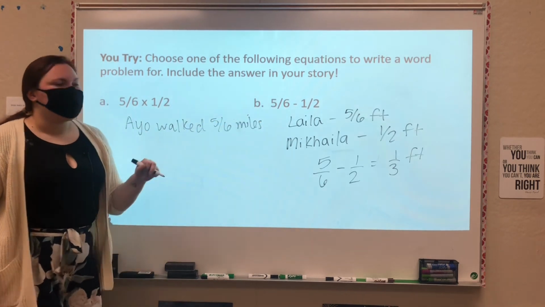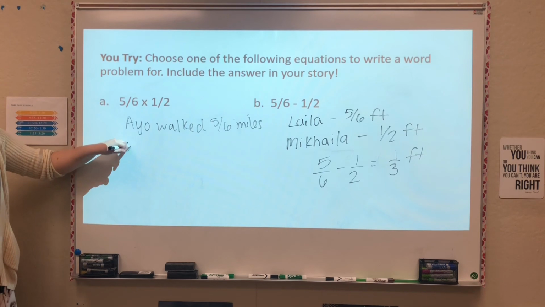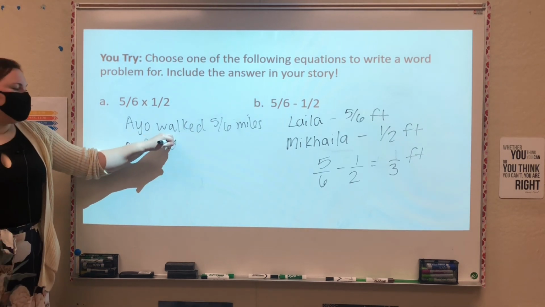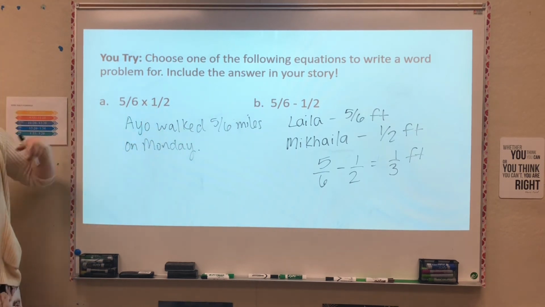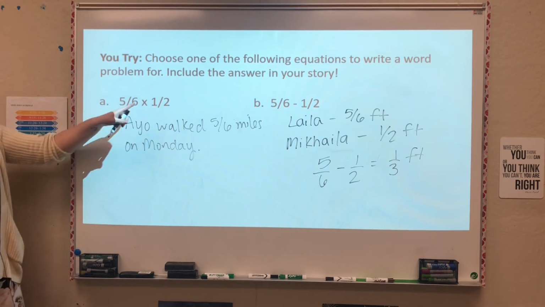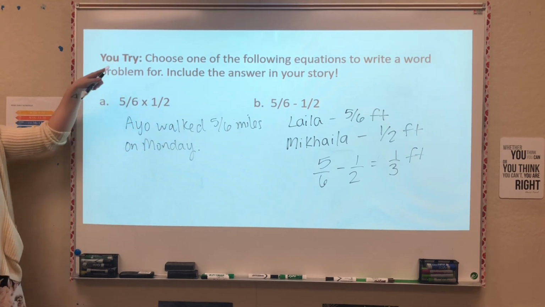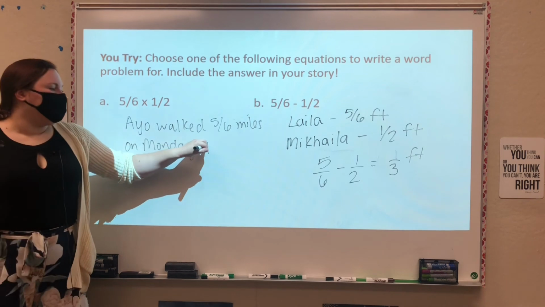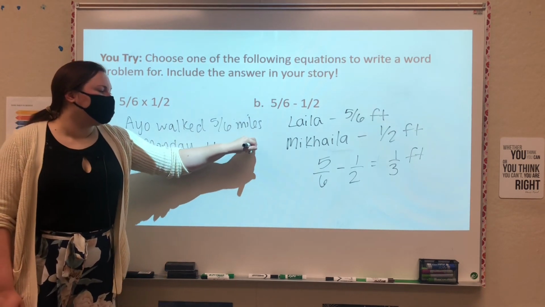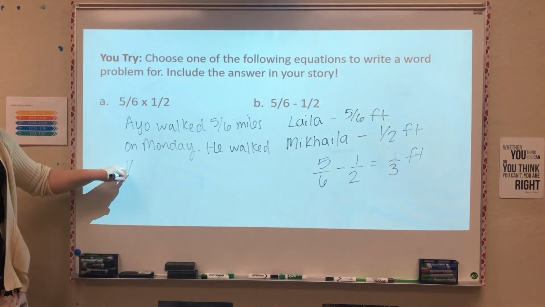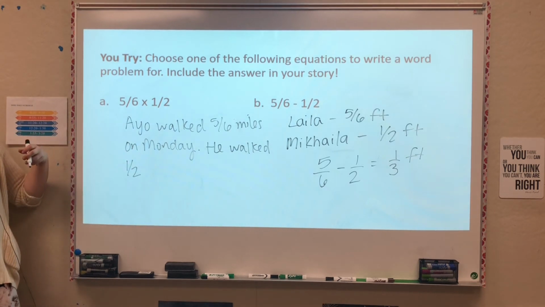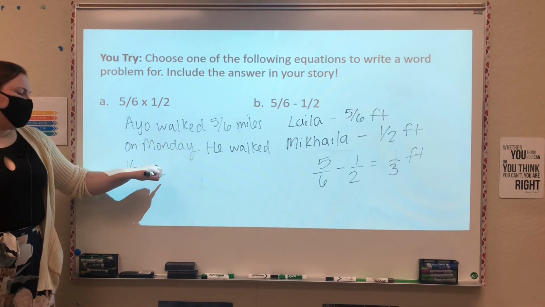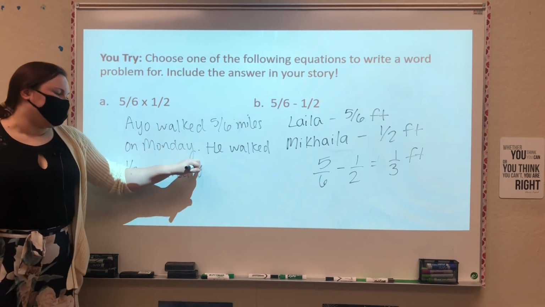So we've got you walked 5/6 of a mile on Monday. Remember, when you're multiplying by a fraction, it's the same thing as finding half of this fraction. So we could say I walked 5/6 of a mile on Monday. He walked, I could say half of that distance today.